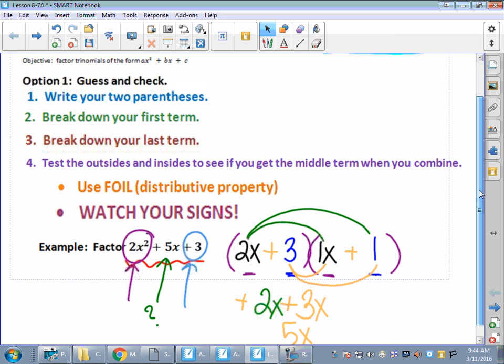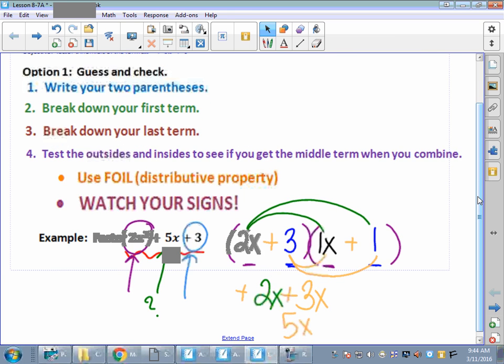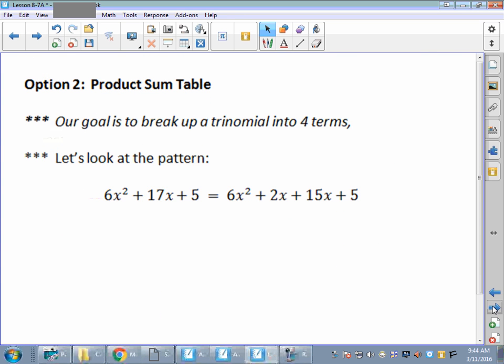If you like guess and check, please use it. It's up to you. You could also use a product sum table. This is the way that always works no matter how big the numbers are, no matter what happens.